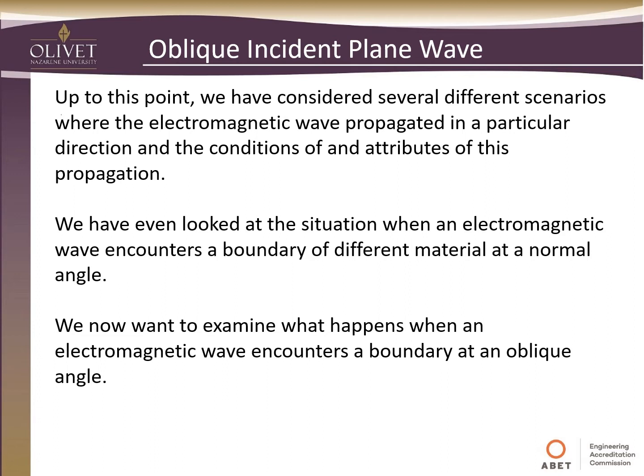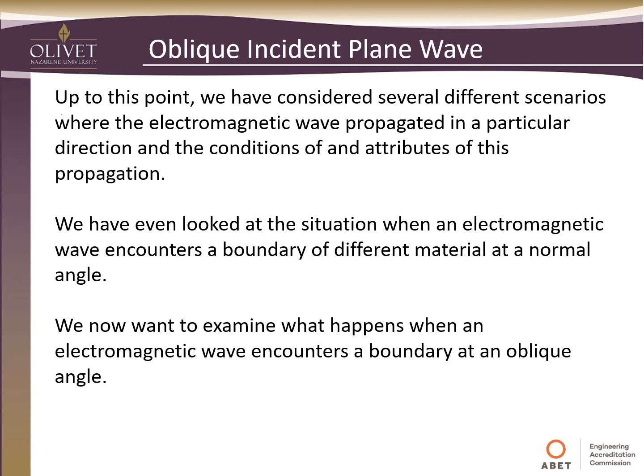So up to this point, we've considered several different scenarios where electromagnetic waves propagated in a particular direction and conditions, and the attributes of the propagation. We've even looked at situations when electromagnetic waves have encountered a boundary. We used Maxwell's equations to develop the boundary conditions, but these were very special conditions, when the direction of propagation was normal to the boundary.